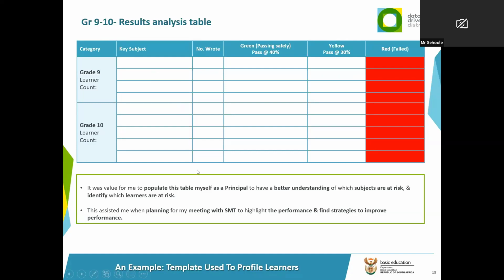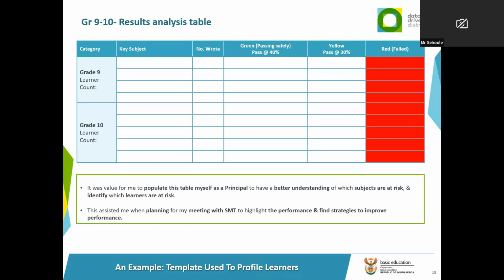So it was a value for me to populate this template myself as a principal, to have a better understanding of the subjects that are at risk and to identify those learners who are at risk and need assistance. This assisted me to plan my SMT meeting, develop a proper mechanism, and find strategies to improve that before we can meet the educators.